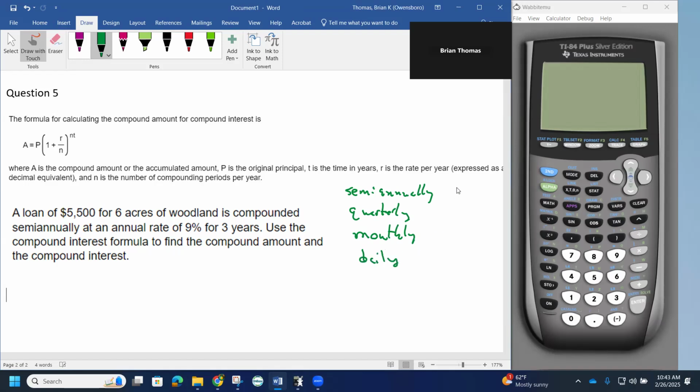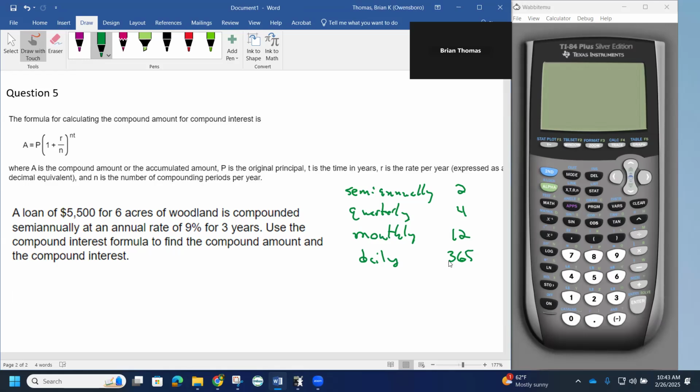So semi-annually means twice a year. Quarterly means you compound the money 4 times a year. Monthly means you compound it 12 times a year. And daily means you compound it 365 days a year. So there's also a banker's rule that says 360, but I think our book uses 365 for that. So the more you compound it, it does add a little bit more to your principal.